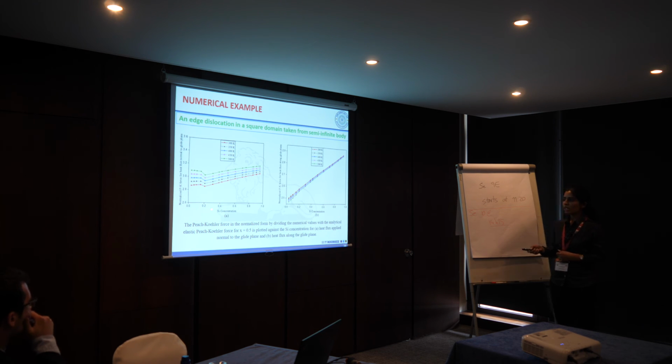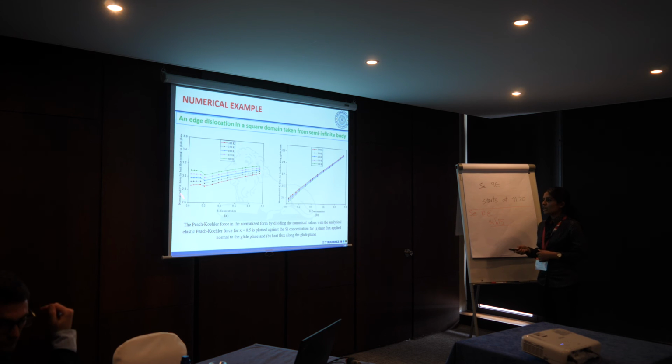As we increase the silicon concentration, the Peach-Koehler force of dislocations increases for all cases. And as we increase the temperature, the value of the normalized PK force also increases.